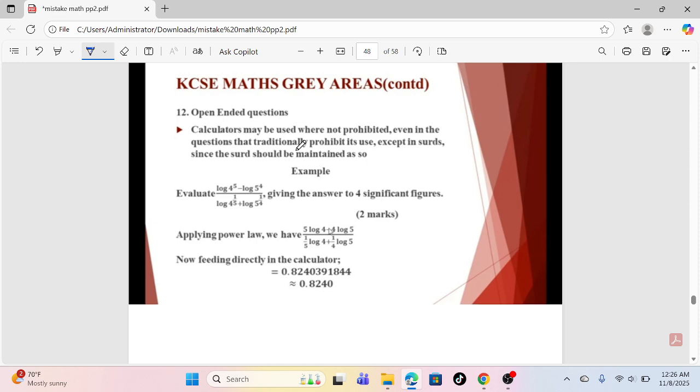An open-ended question is a question that does not restrict the student. For example, a question like "Evaluate log 5, giving the answer in 4 significant figures" does not tell you what method to use, so a student can feed it directly into the calculator and get the answer.